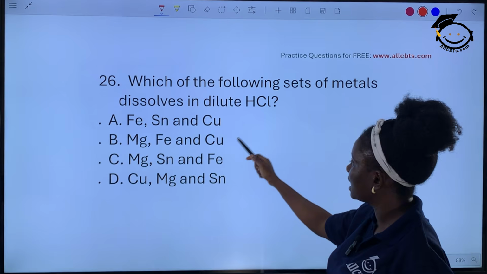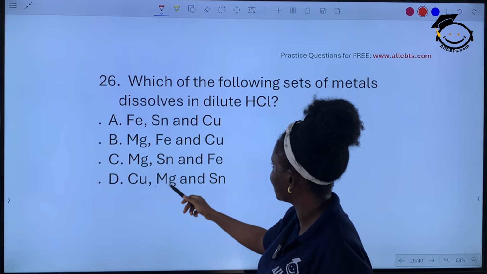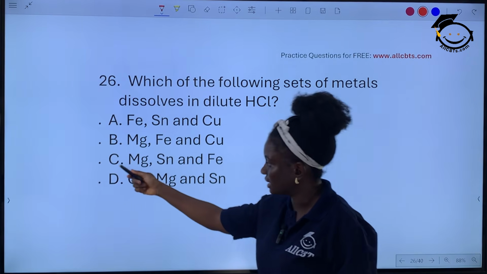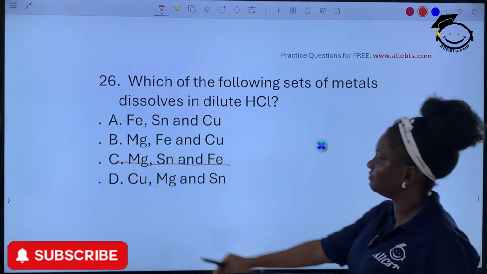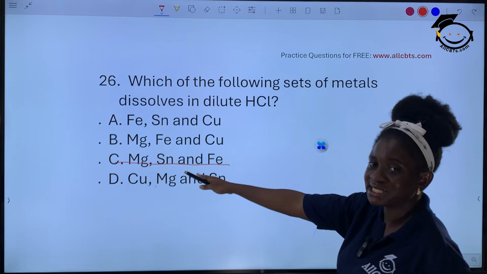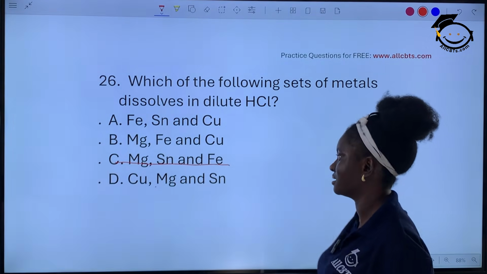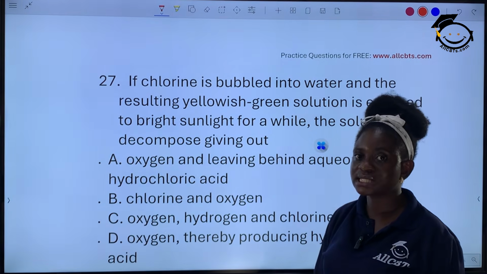Magnesium, tin, and iron. Copper, magnesium, and tin. So the correct answer here is option C. So these metals do not readily dissolve in hydrochloric acid. All right. So the next question, question 27.